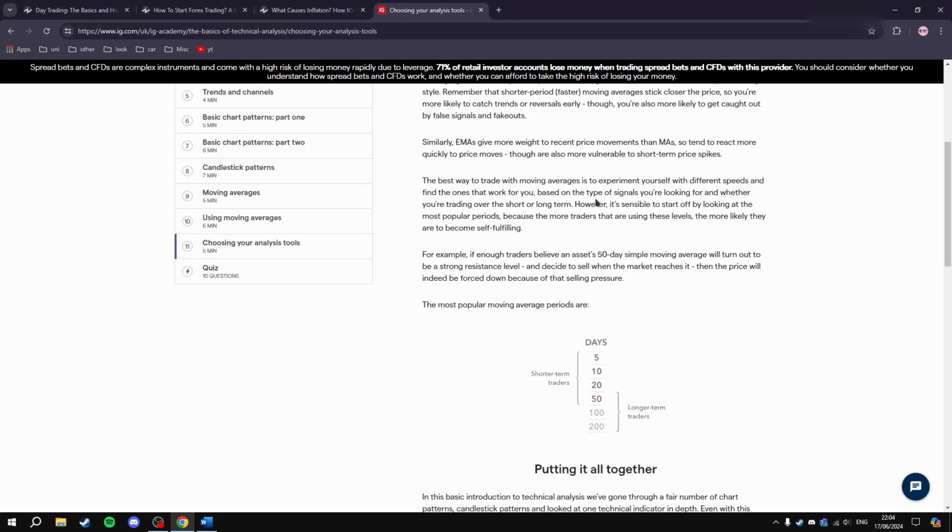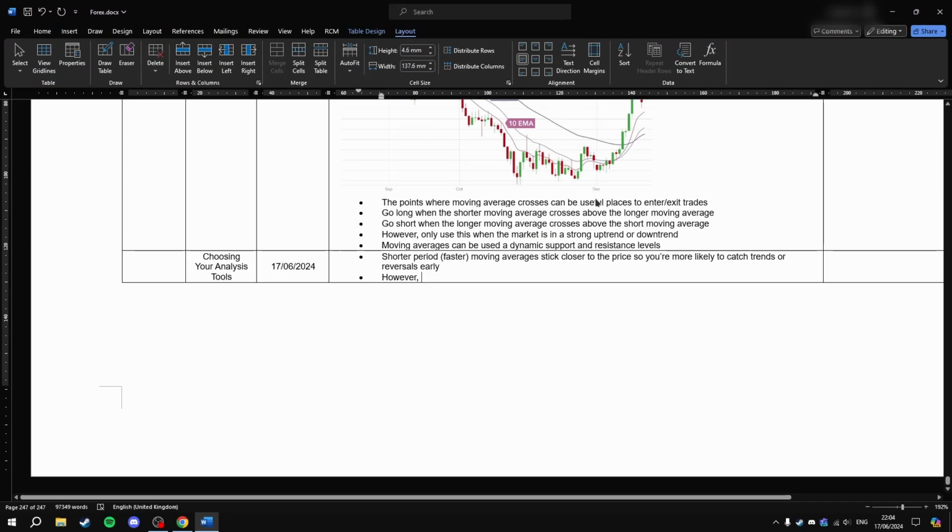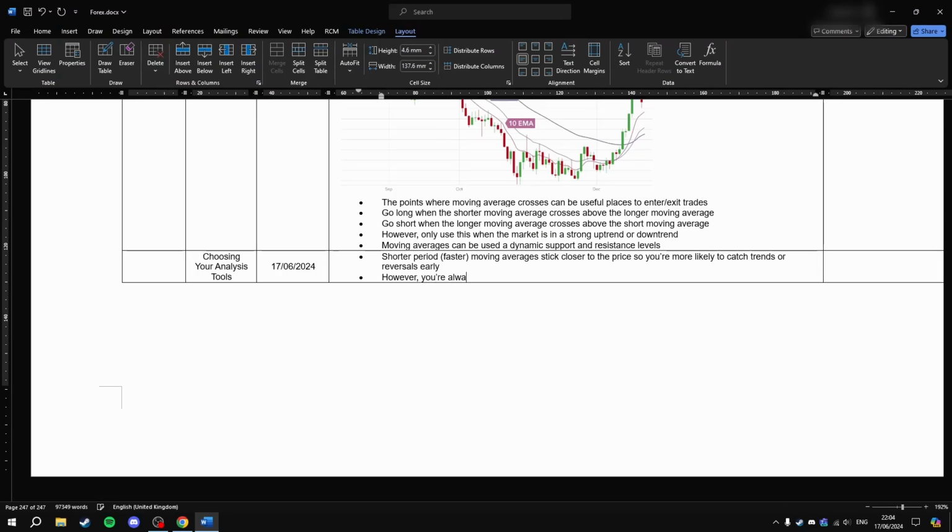However, you're also more likely to be caught out by false signals and fake outs.